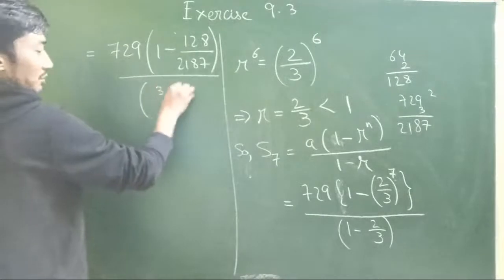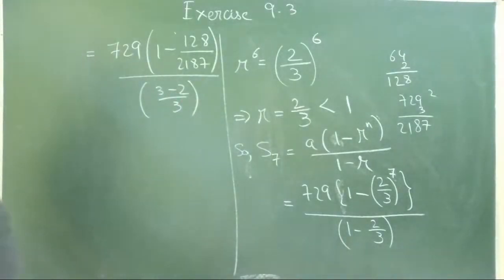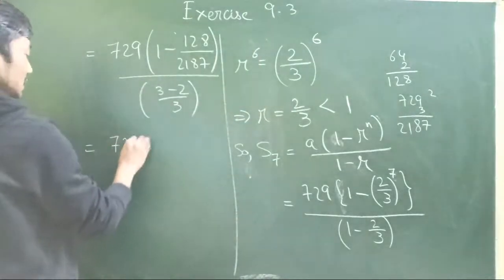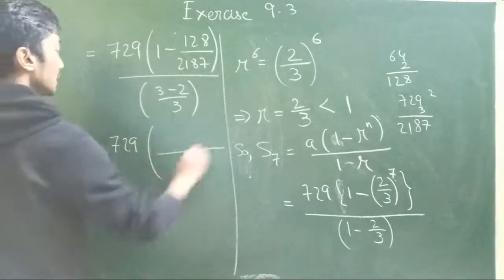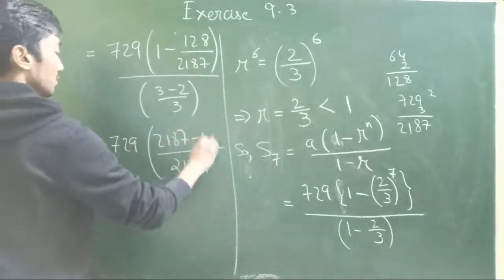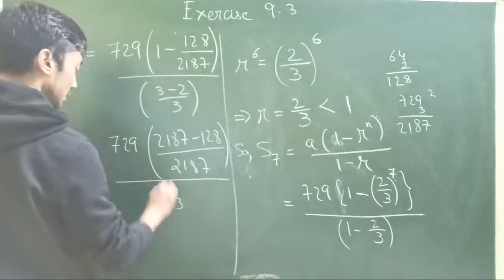So that's like 3 minus 2 by 3. I'll be doing all the steps. Please bear with me. Those who can, you can just do it. 729, this is the LCM. 2187 minus 128 upon 1 by 3.